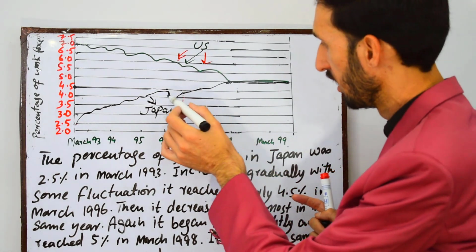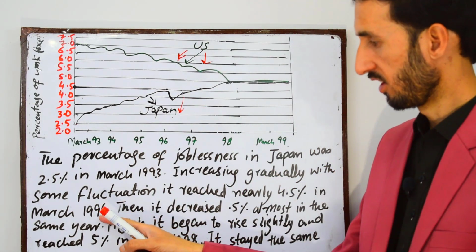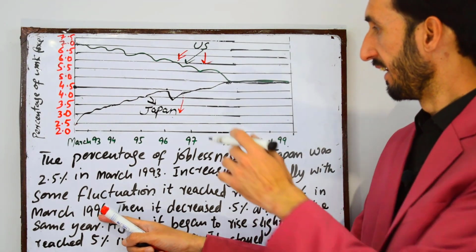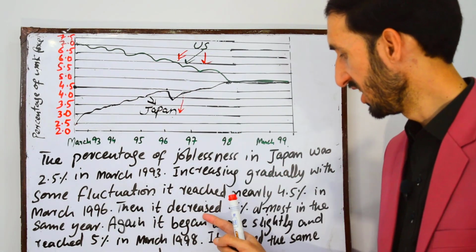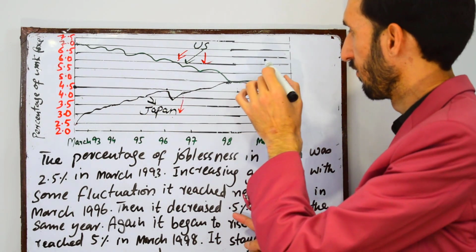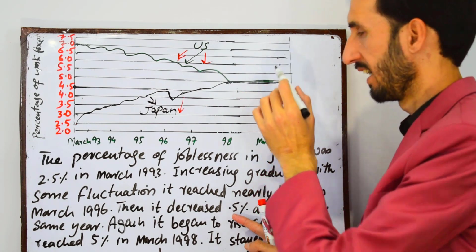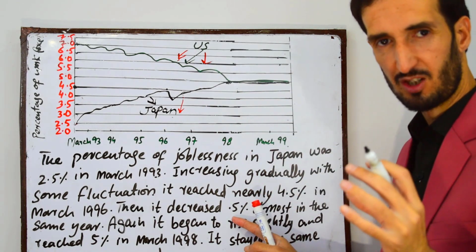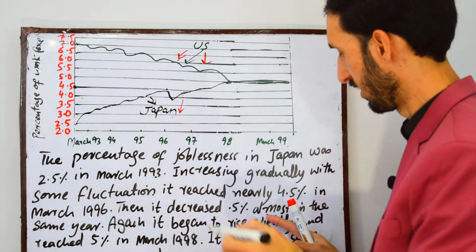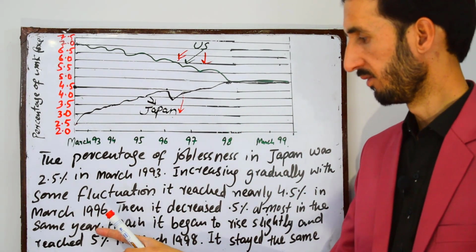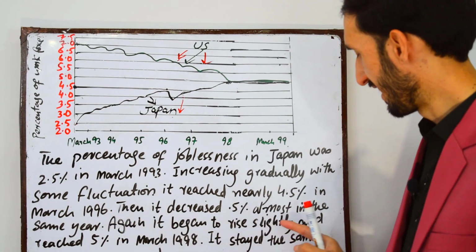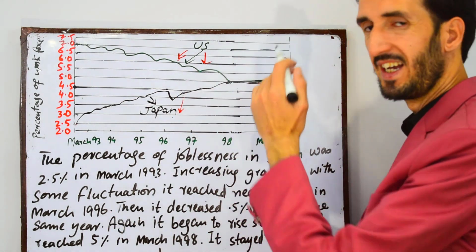In which year? In 1996. I've written in March 1996. What happened next? Then it decreased 0.5%. I mean, from this line to this line, we have 0.5%. So it decreased 0.5%, almost in the same year. The year is the same. And then what happened? Again, it began to rise slightly.